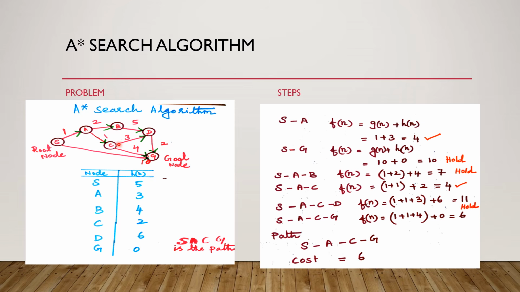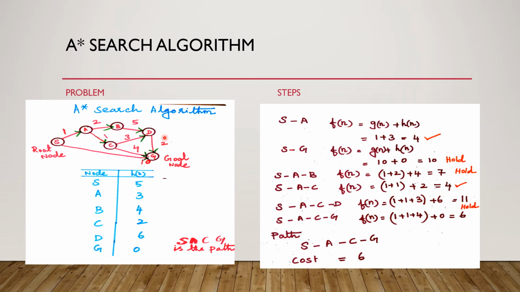S is the starting node and the successors of S are A and G. A is connected with B and C, and C is connected with D and G. Like that we are exploring this tree structure.